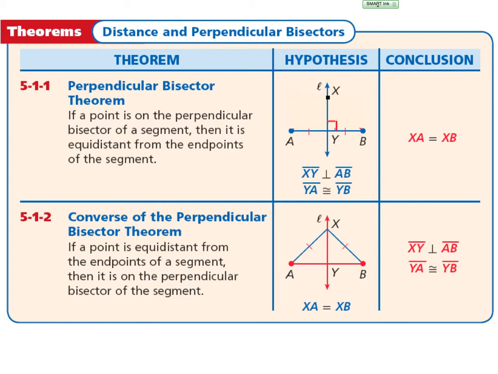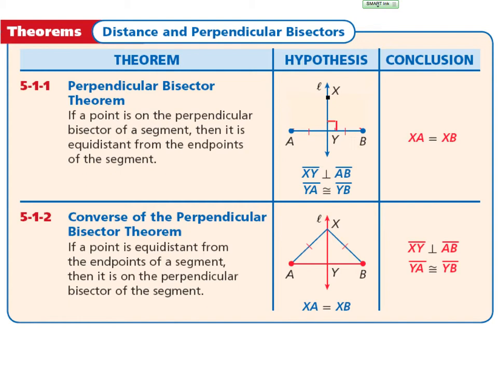All right, let's start out with the perpendicular bisector theorem and its converse. In our bell ringer, we reviewed what a perpendicular bisector is: a line that cut a segment in half and made a 90-degree angle with it. So this theorem tells us more about perpendicular bisectors. And as you're drawing the hypothesis, think about what you're drawing.